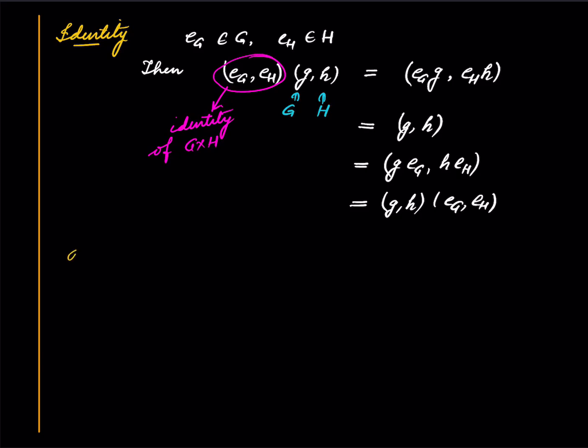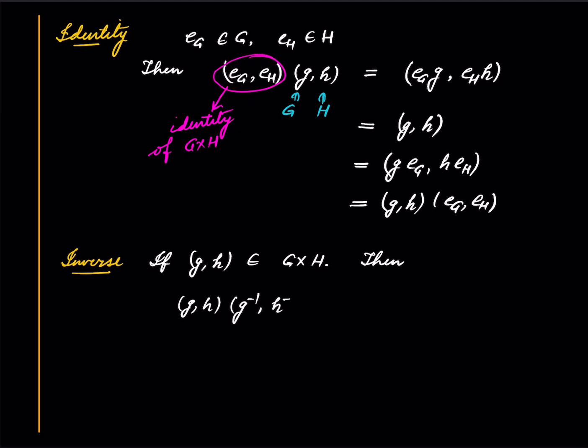And inverse. If (G, H) is chosen arbitrarily from the Cartesian product, then since G is a group, the inverse of G exists, and we write it as G inverse, and since H is a group, the inverse of H exists in H, and we write it as H inverse. We just check that (G inverse, H inverse) times (G, H) is equal to the identity we just discovered.